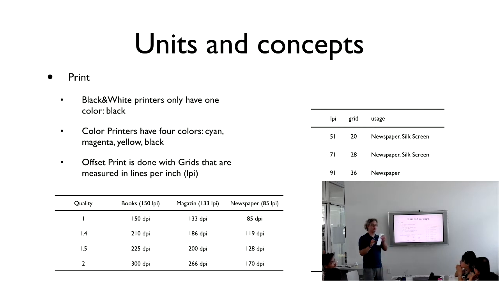So, what's the ratio here? 1 to 1. What's the ratio here? 2 to 1. Now, what's the ratio here? Just about 1 to 1.4. And if I halve it, what happens?